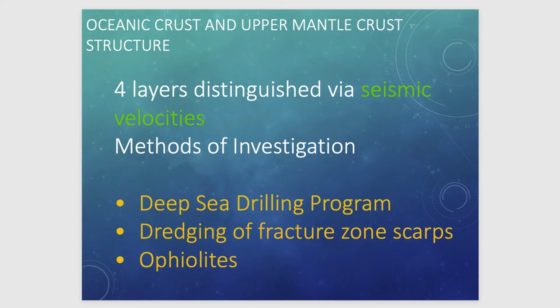So the oceanic crust and upper mantle structure considers then 4 layers distinguished based on the seismic velocities. They do not always match with the petrological differences that we observe, but these are important subdivisions that were also validated through other media.